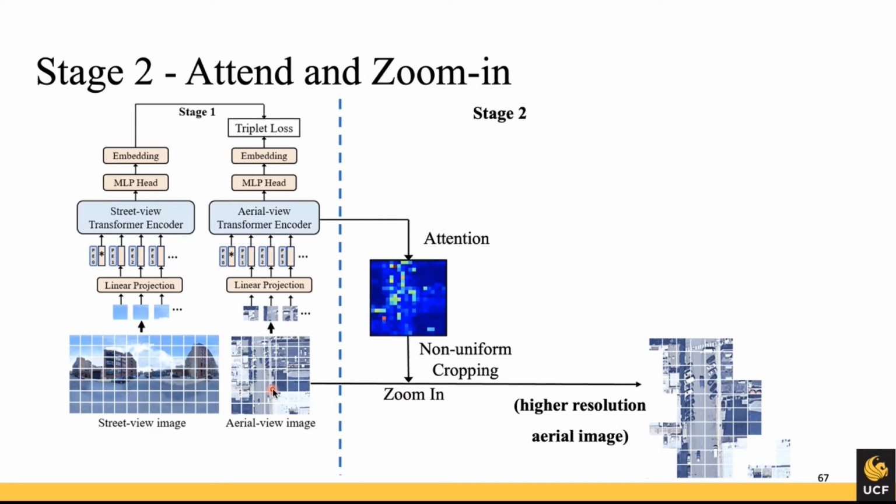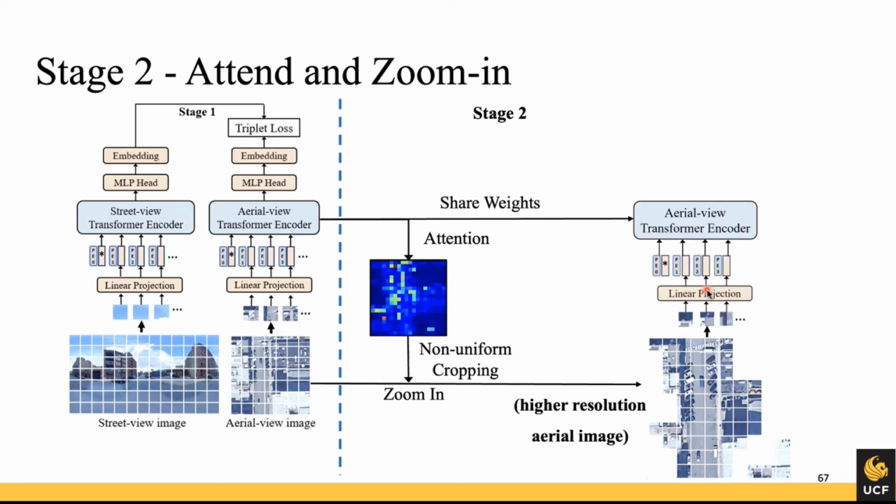So usually people have to resize or downsize the aerial image to a smaller resolution to fit the GPU memory, etc. In this case, we use the attention to selectively choose the most informative patches from the aerial view and use their original high resolution, hoping to recover some of the information that has been lost during the downsampling. So that's called the zoom in step.